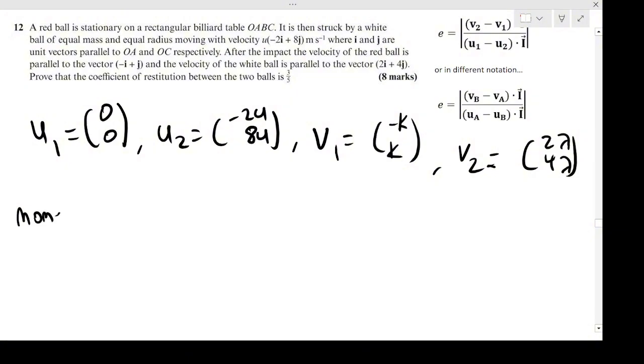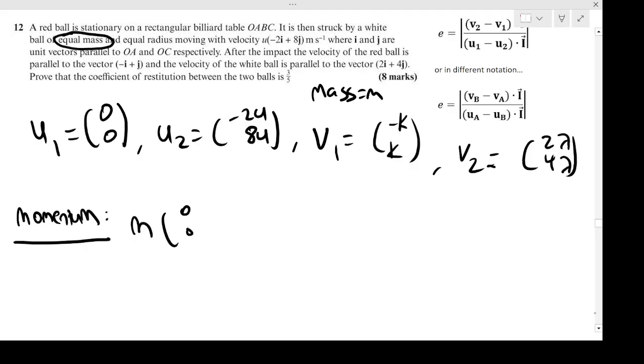So firstly, if I apply momentum. Firstly, sorry, they all have equal mass, okay? So I'm just going to call the mass m. They both have the same mass, they're equal. So it's going to be m lots of u1, 0, 0, add m lots of u2, which is minus 2u and 8u.